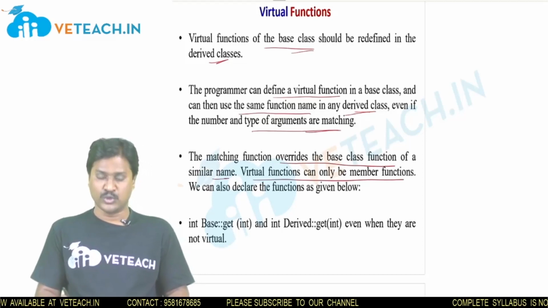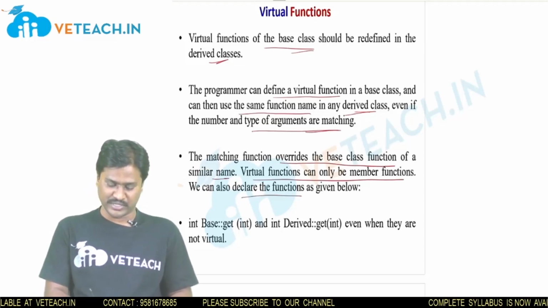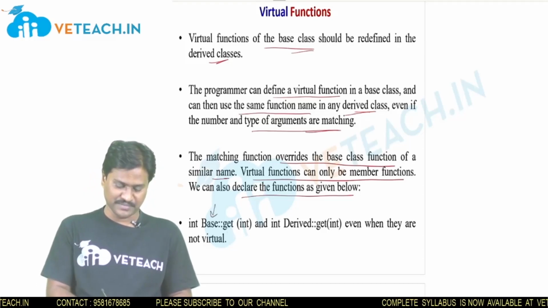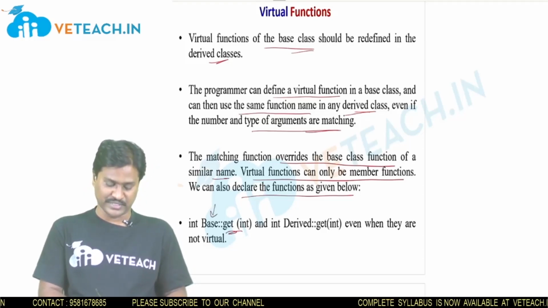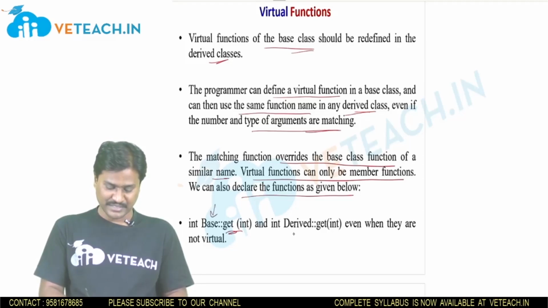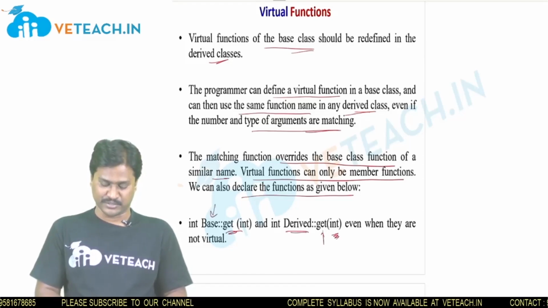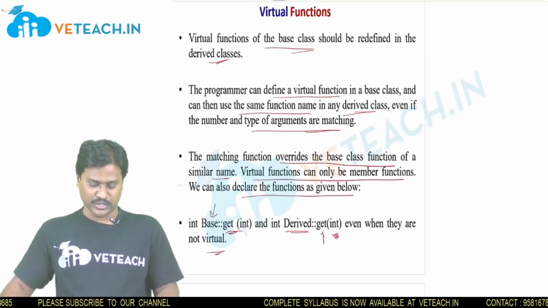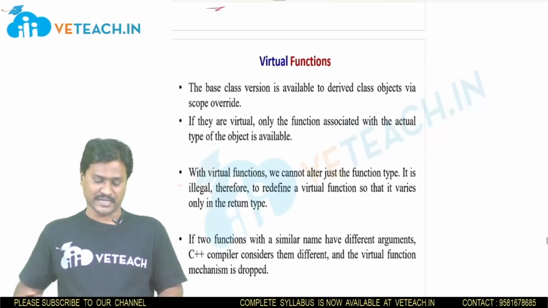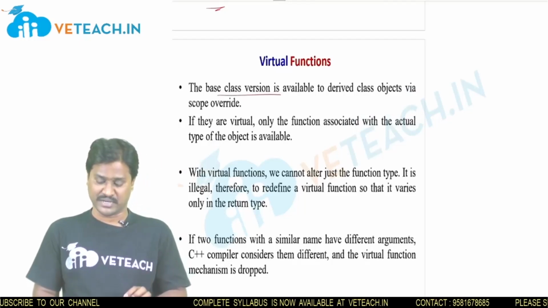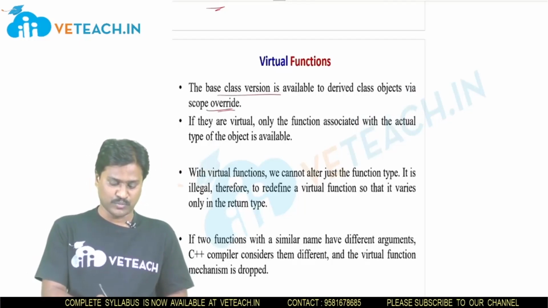Virtual functions can only be member functions. We can also declare the functions as given below. For example, consider a base class having a get function with an integer parameter, and in the derived class the same function name get with this parameter. When they are not virtual, it might be a problem: the base class version is available to derived class objects via scope override.